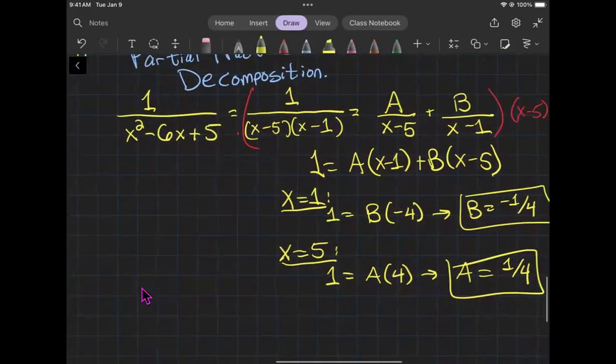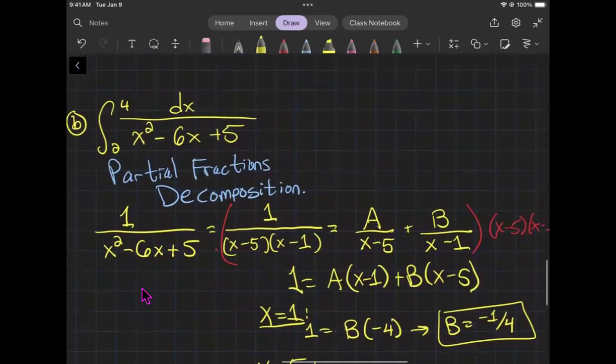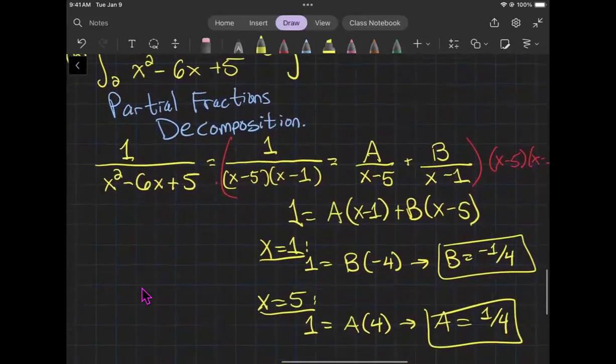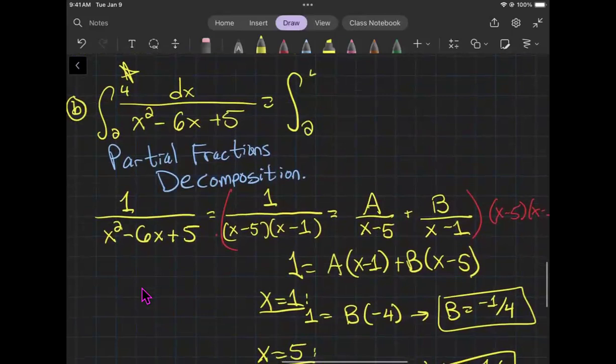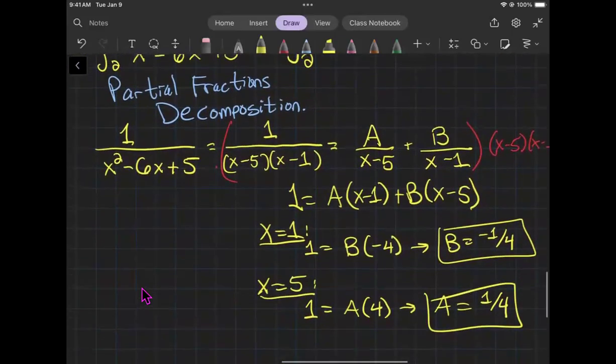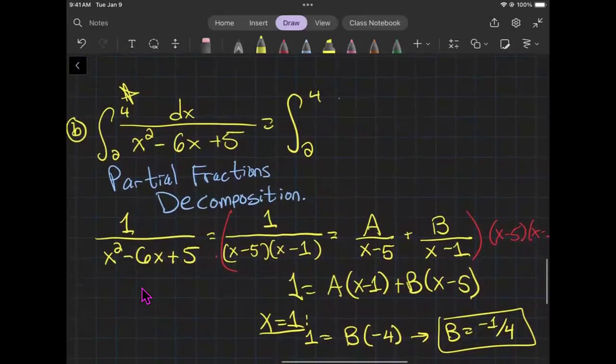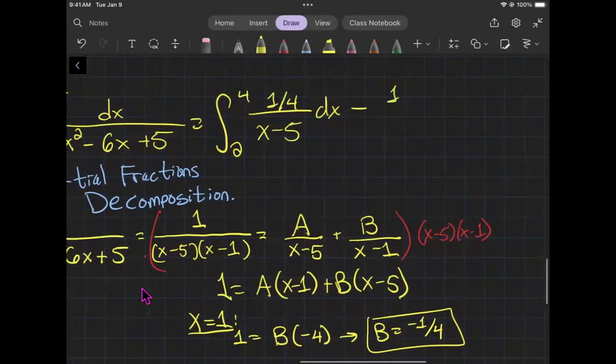Okay. So this integral right here, we can actually write out as the following sum of integrals. The integral from 2 to 4 of 1/4 over x minus 5 dx minus 1/4 divided by x minus 1 dx.